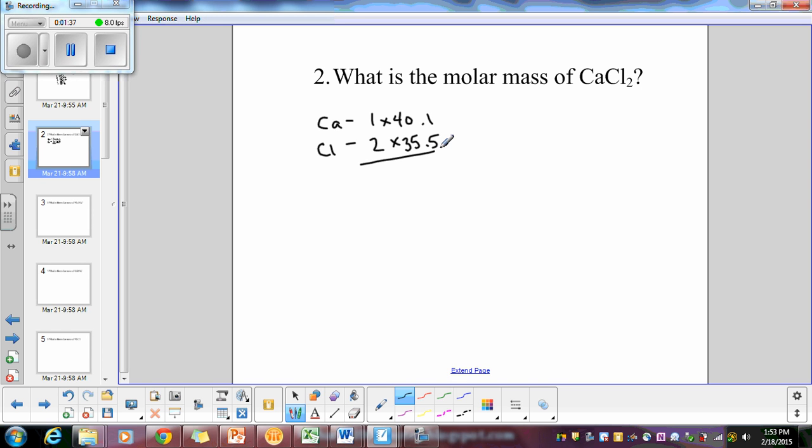I'm going to add all of those together, which will give me my overall molar mass. I can put them in my calculator, 1 times 40.1 plus 2 times 35.5, and that gives me 111.1 grams per mole. So the molar mass of CaCl2 is 111.1 grams in 1 mole.